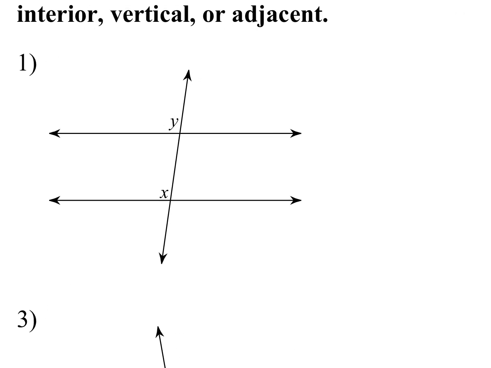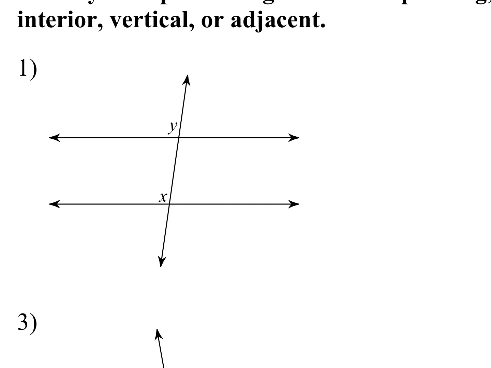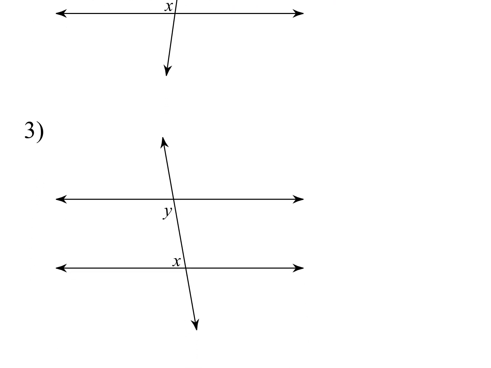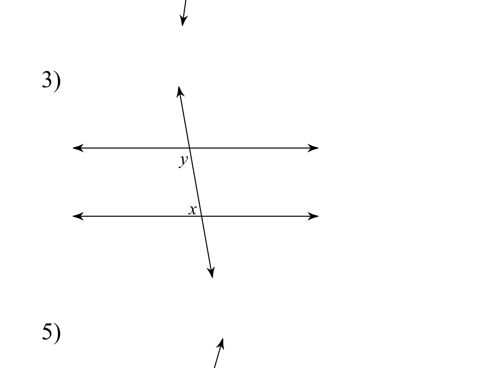Looking at the first one, who could tell me what kind of angle these are? They're corresponding, so all you would have to do is write corresponding. If you could type it, that's fine. Looking at number 3, what kind of angles are these? Are they alternate? No, so it's none of the alternate.